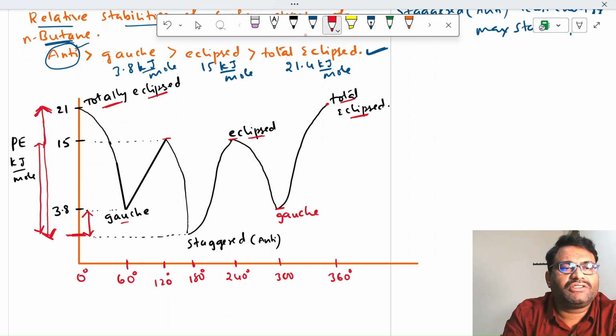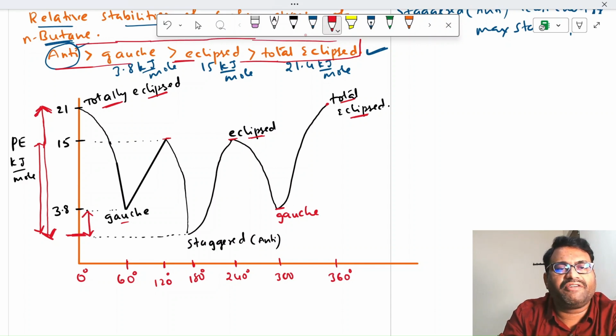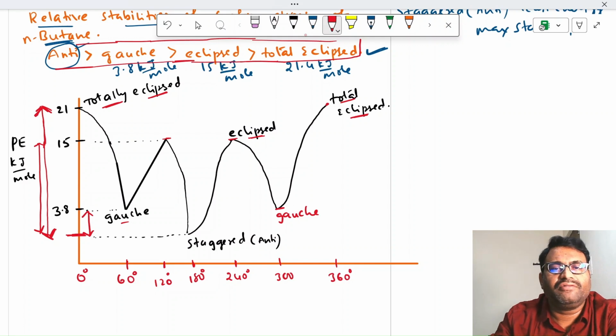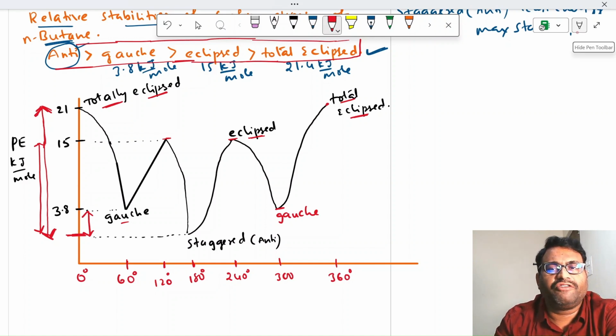So this order of stabilities is very important. We need to remember this based on the energies. Based on the energies, we have derived this order. Okay. That is about the conformational isomerism of n-butane.